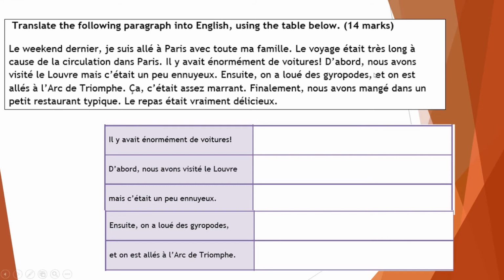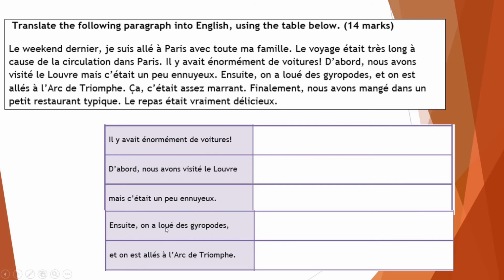We visited the Louvre. What fits there in English? Okay, because this one means ensuite, think about the bathroom next to the bedroom. And then finalement we know is finally. So what could they have started with?